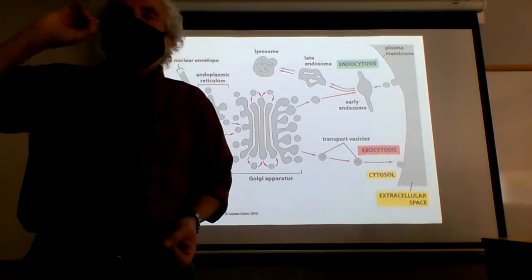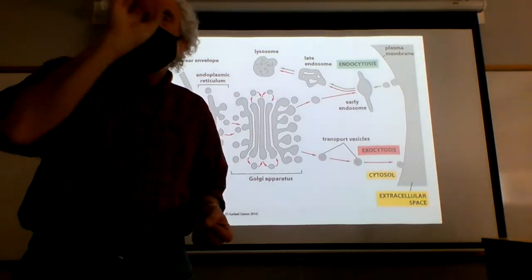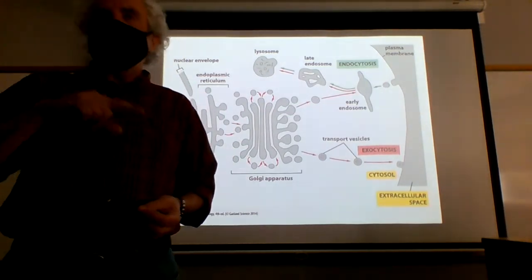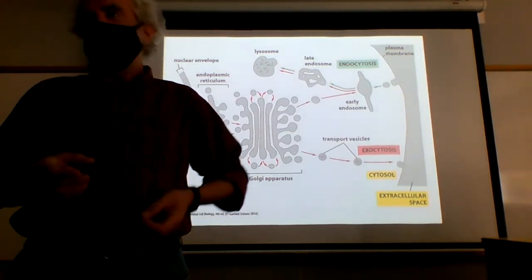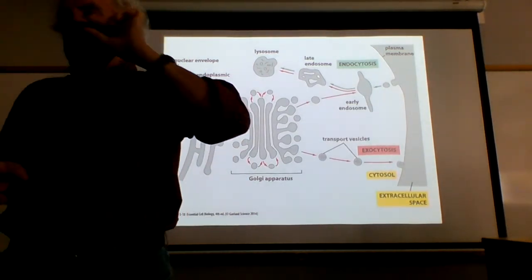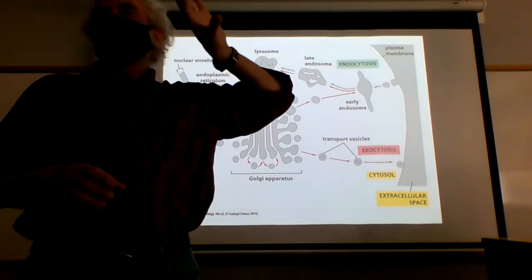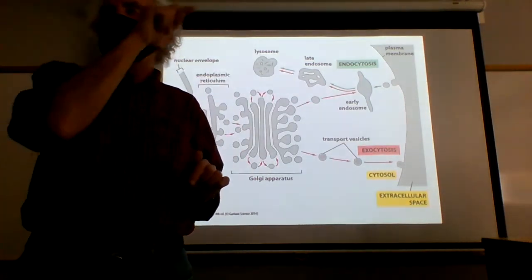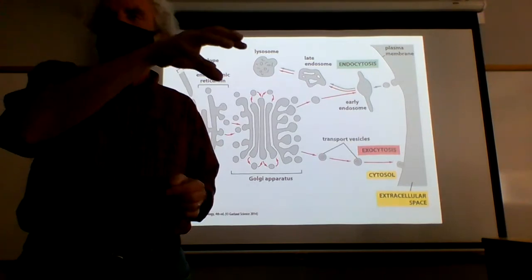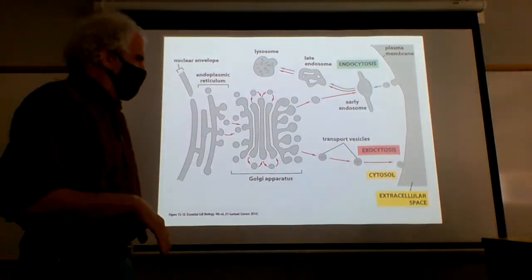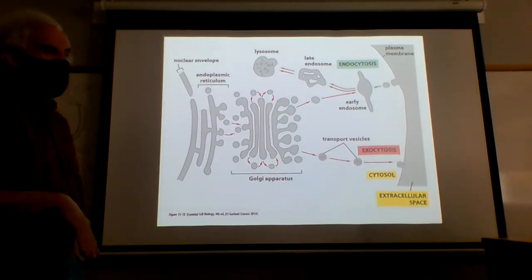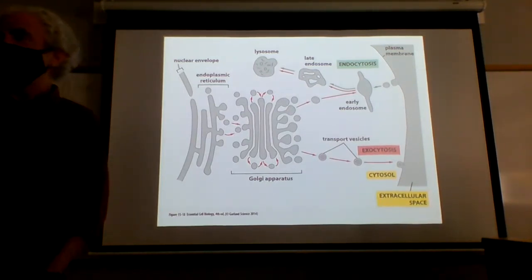You can have a whole set of enzymes getting dumped in that typically have a low pH activation point. And there, in fact, is going to be a proton pump engaging in this endosome, start putting protons into the endosome, dropping the pH, and these low pH activated hydrolases turn on, acid hydrolases.